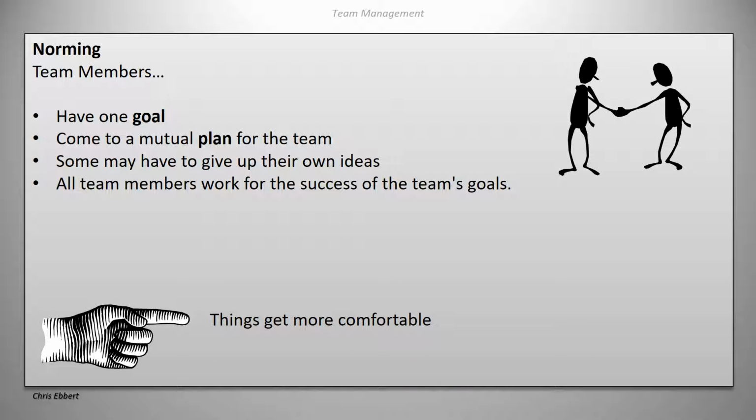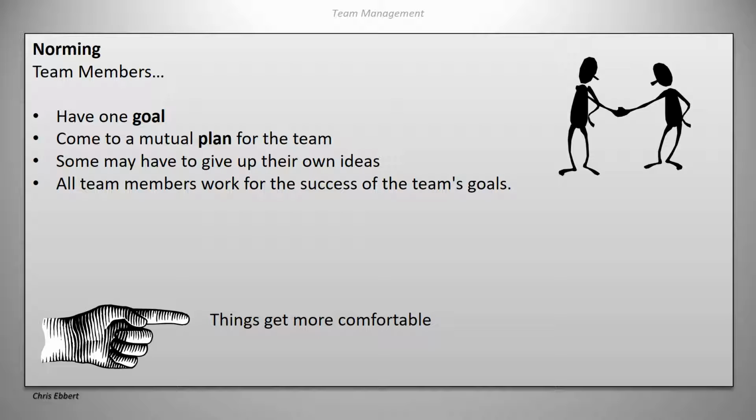Now, if the team has survived that second phase of storming, it will get into the third phase, the norming, where the team members really have just the one goal, and they will come up with a plan that they stick with. Some of them may have given up on the ideas that they have previously presented because they realize they don't fit in, and that's fine with them.